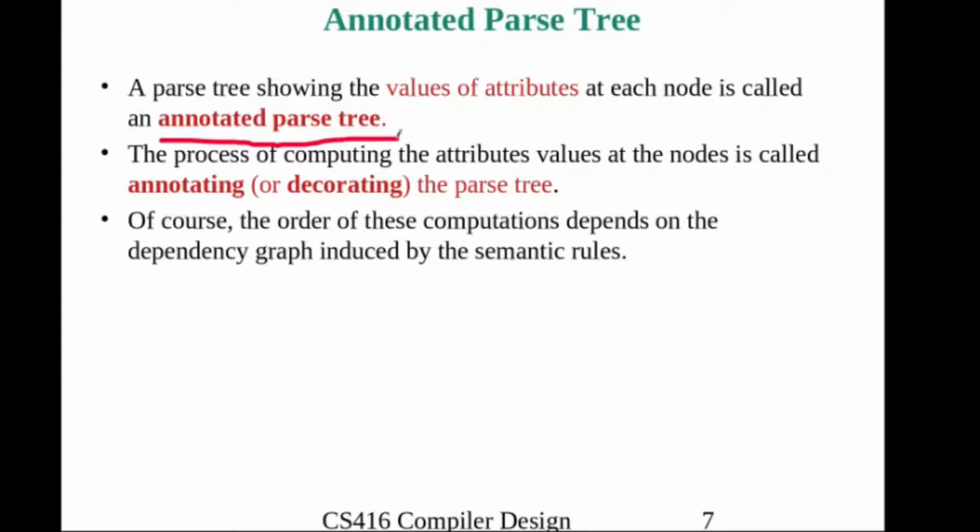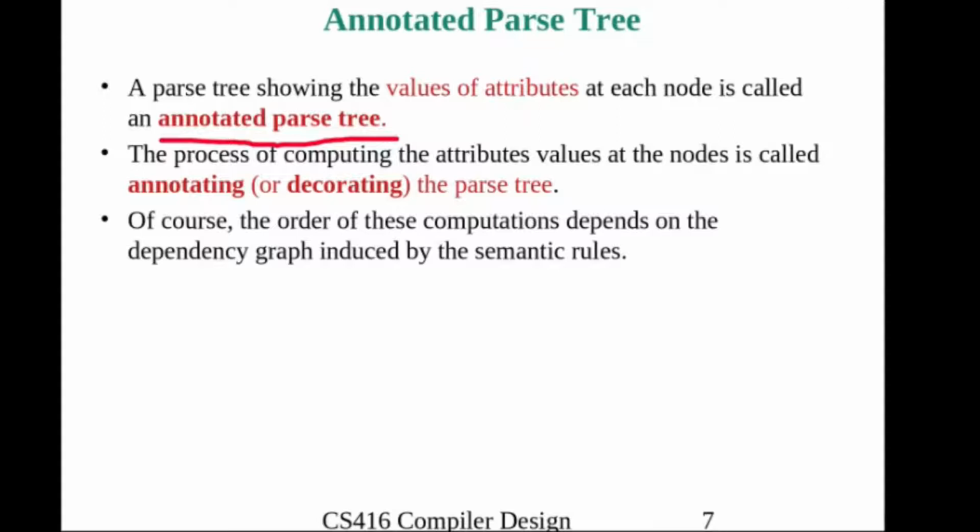That is, an annotated parse tree is a parse tree itself, containing many nodes, external nodes and internal nodes. We associate attributes with the nodes of the parse tree, find the values of the attributes, and then show the values on each node. Then you get an annotated parse tree.